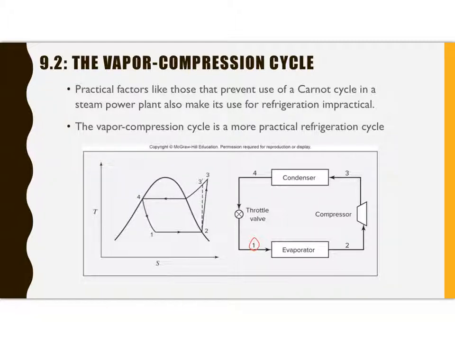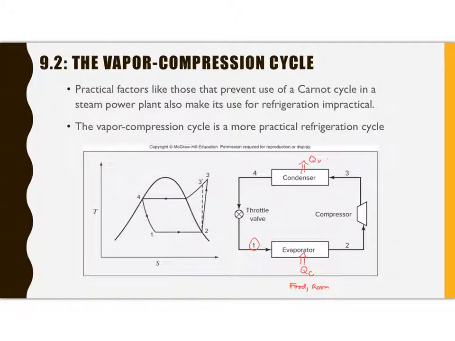Now, in the condenser, we are going to have heat loss out of the system at a high temperature. And in the evaporator, we have heat transfer into the refrigerator from a cold temperature. And this would be, say, our food or the room of our house that we're trying to air condition.